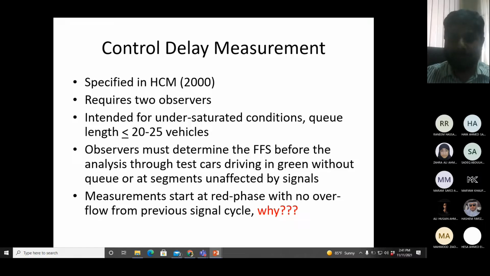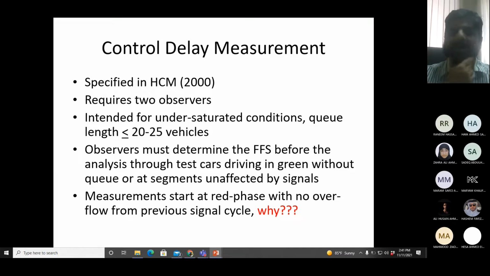If there's a traffic jam, if there's a queue of cars stopped on the segment, that is oversaturated. But for signals, it is very difficult to apply this criterion, because on a signal, after every few seconds, the car has to stop. So having a queue of cars is not an indication that the signal is under or oversaturated, because the cars are stopping because of the signal, not because of a traffic jam.